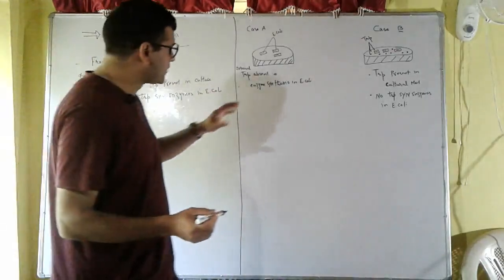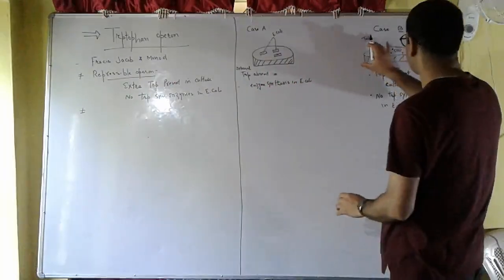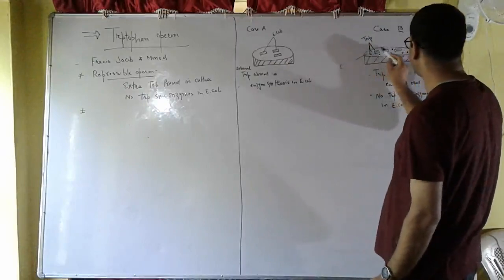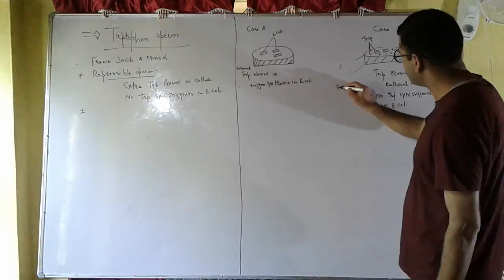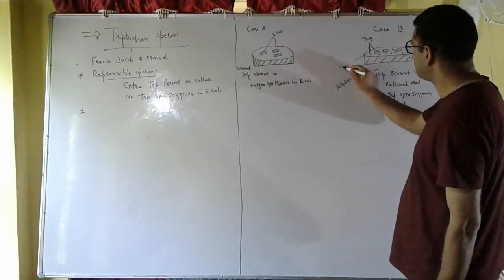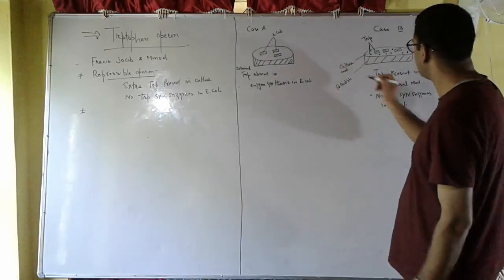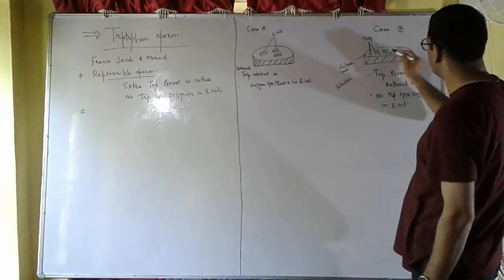Suppose we explain it like this. This is a petri dish, this is the culture medium, and these are E. coli.